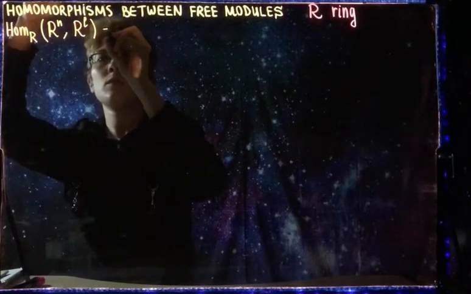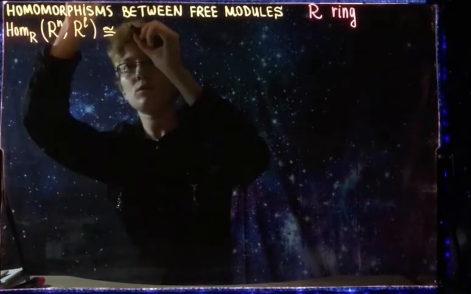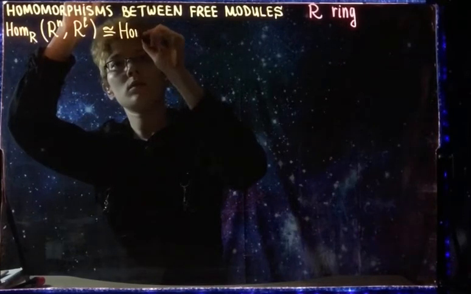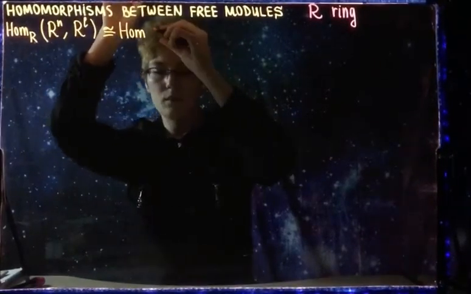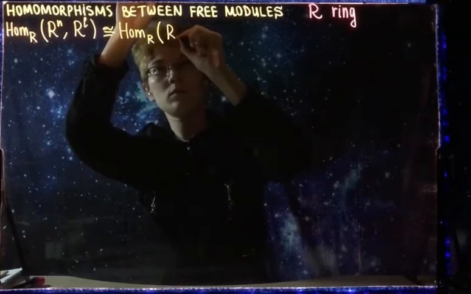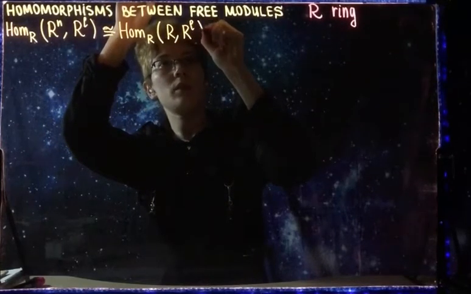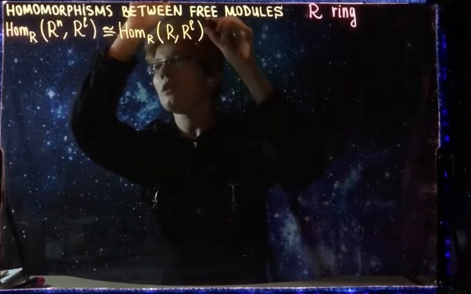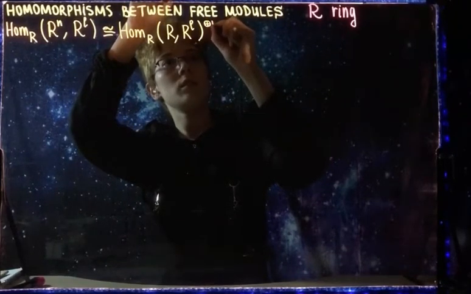So we get that this is isomorphic to Hom_R from R to R^l taken n times.